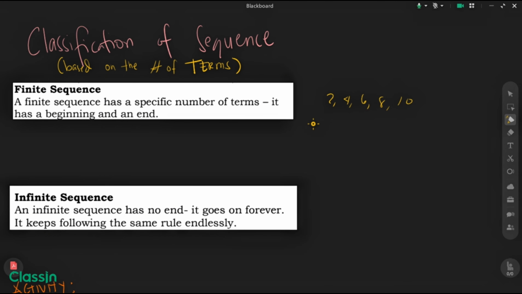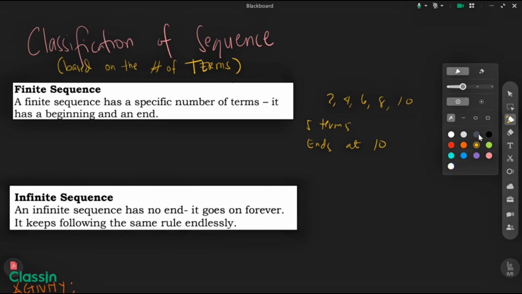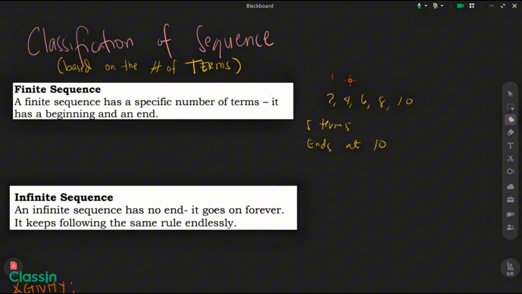So this sequence has 5 terms and it ends at 10. So it has 5 terms, 1, 2, 3, 4, and 5, and it ends at a specific point, which is 10.